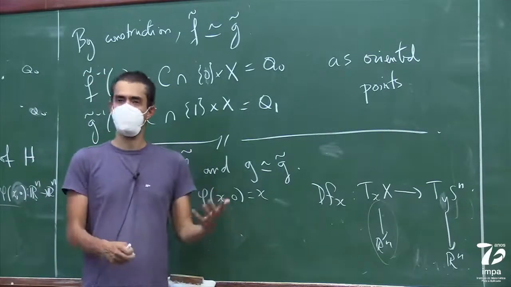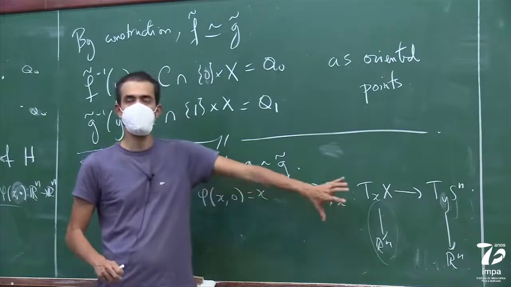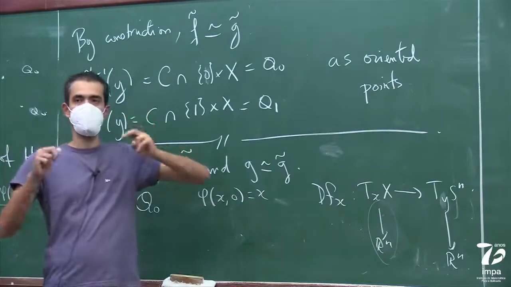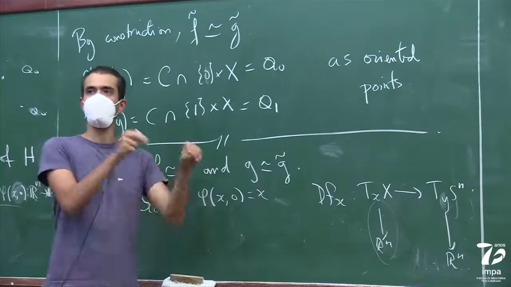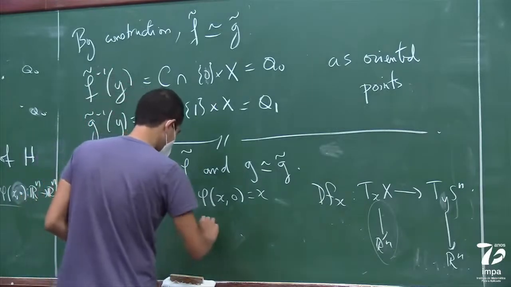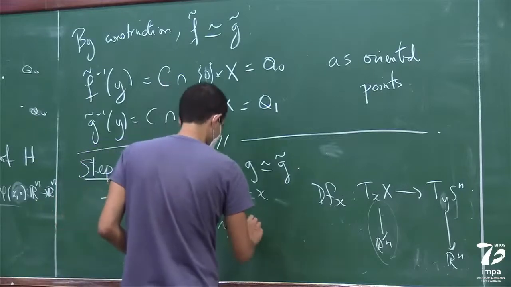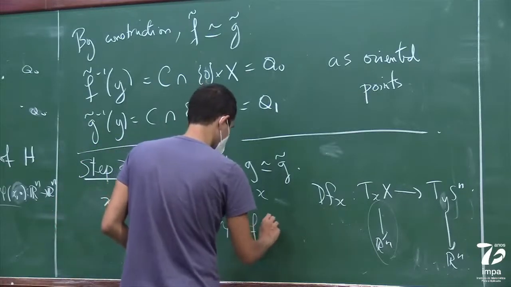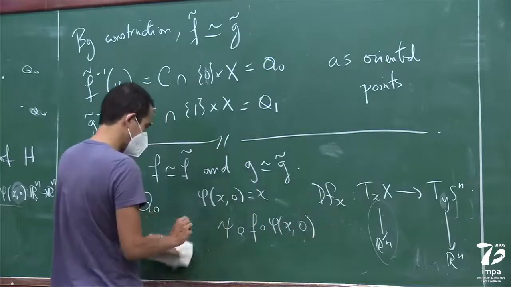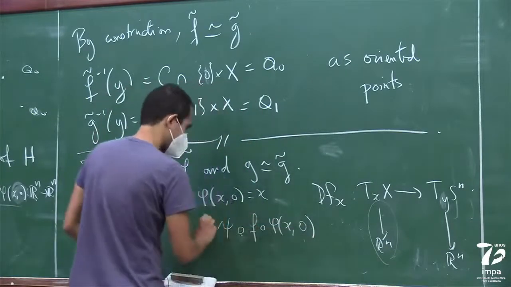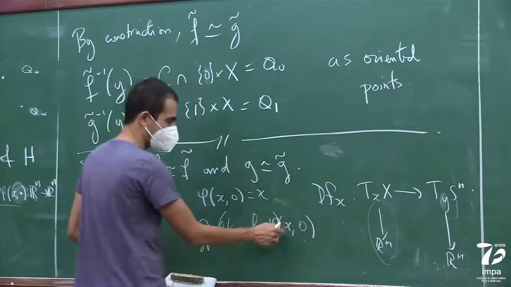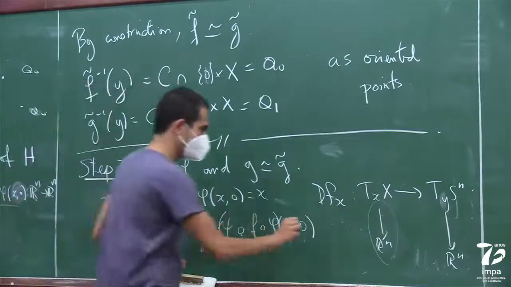So I actually want it to have the exact orientation that's given by the point, so it will match the orientation of the point. So the condition that I want is that phi composed with f composed with phi of x0, the derivative of this map at the point x0, is the identity.